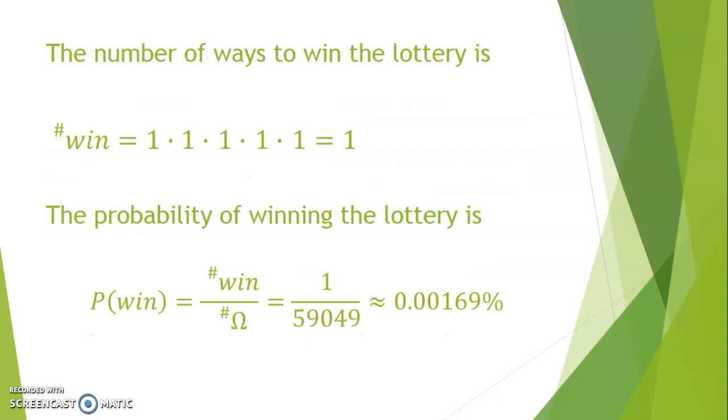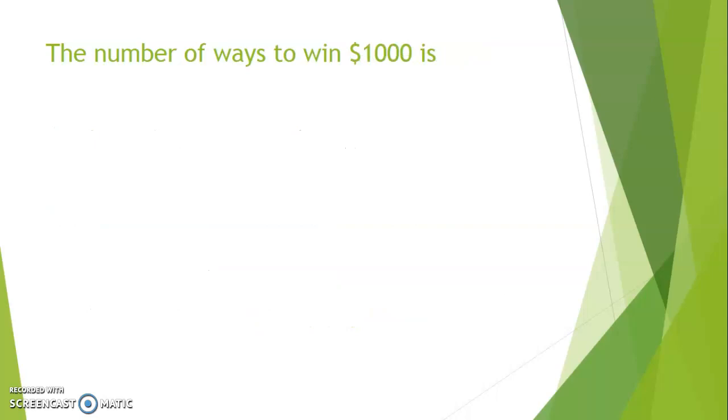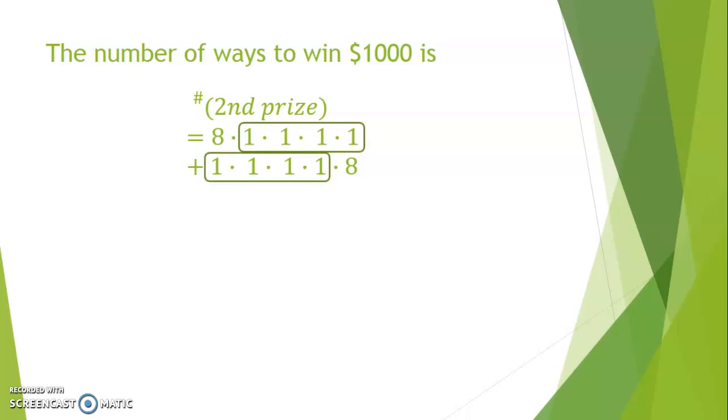The number of ways to win the lottery is obvious here. There's only one way to have every correct number. So 1 times 1 times 1 times 1 times 1. And that would give us a very low probability of winning, as you can see. When it comes to the number of ways of winning $1,000 though, there are 2 options we can consider here. Either we have the last 4 digits correct, or the first 4, and that's what I've split up.